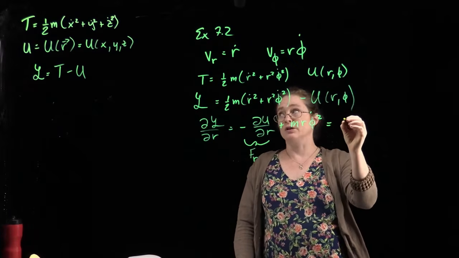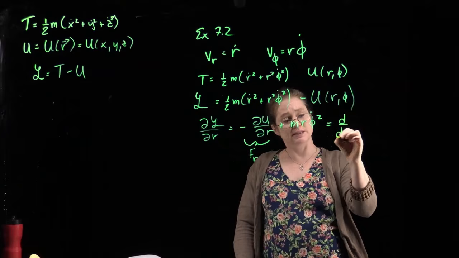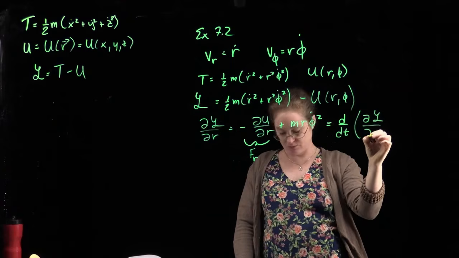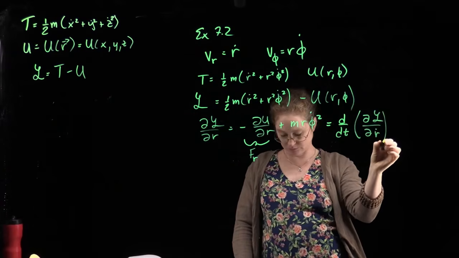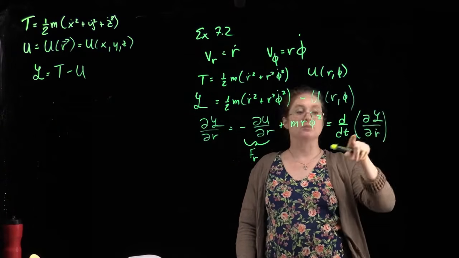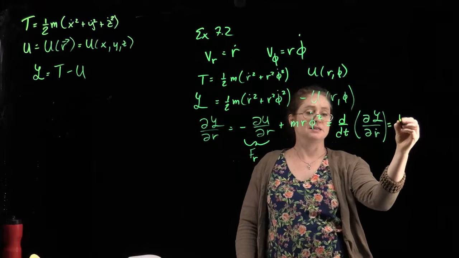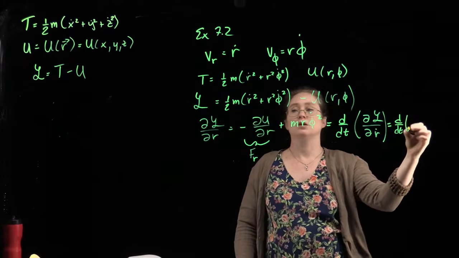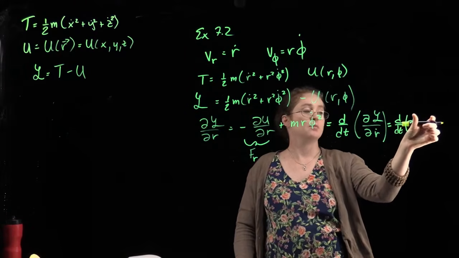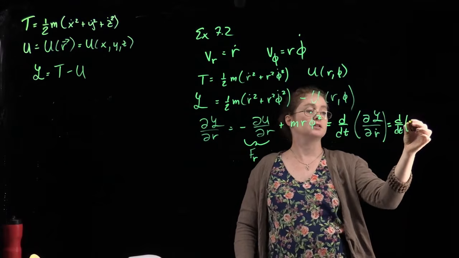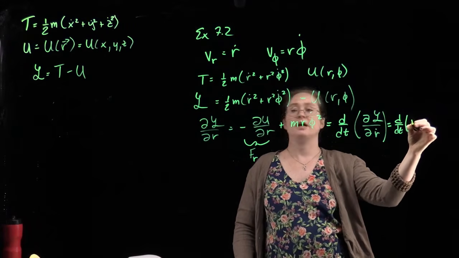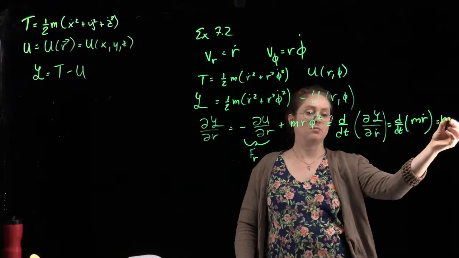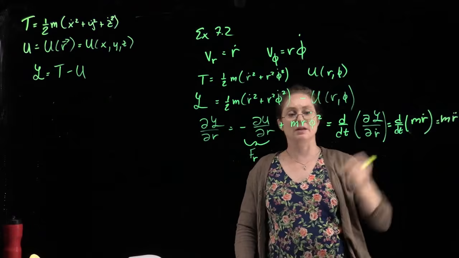This then, through Lagrange's equations, has to equal d/dt of partial L partial r dot, which is d/dt of m r dot, so this is m r double dot.